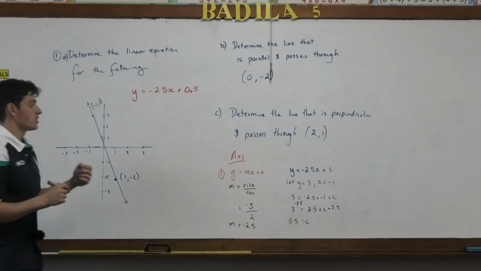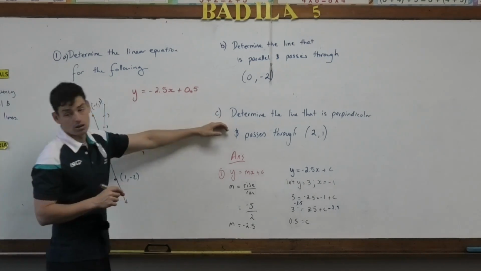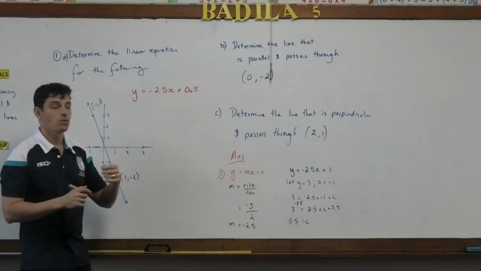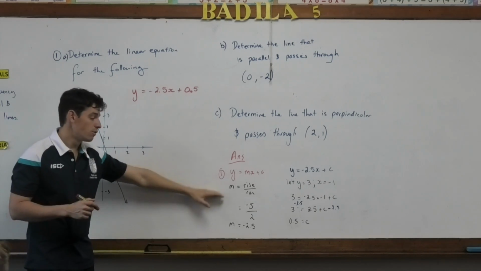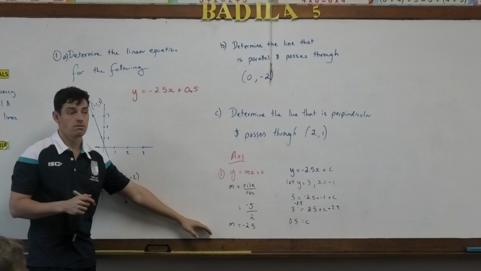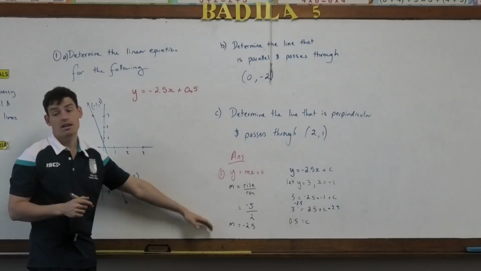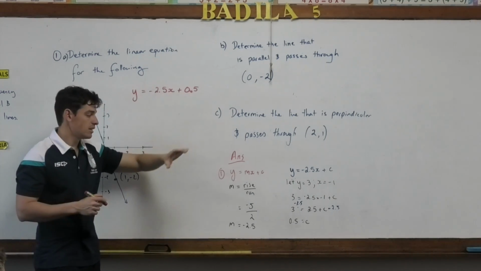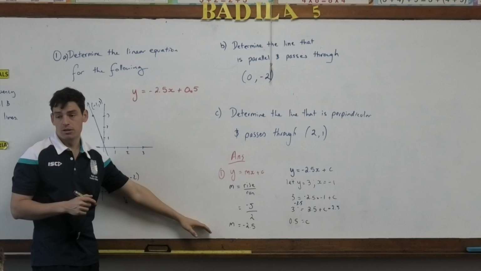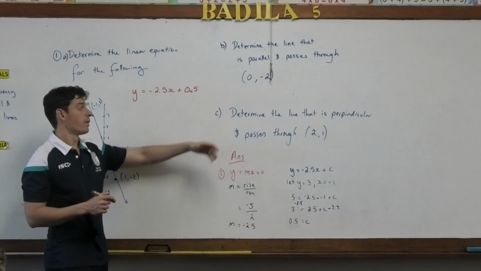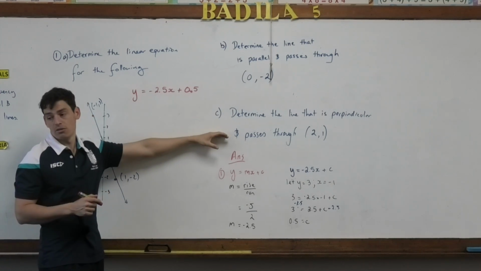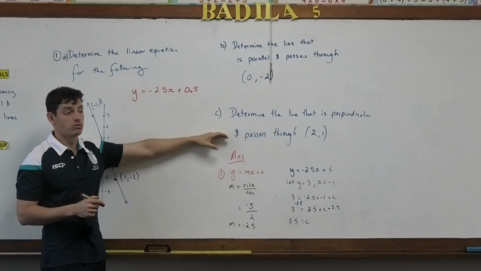So the only thing that changes when we're dealing with parallel and perpendicular lines is that we have to apply a formula to find our gradient rather than applying rise over run. To say that again, rather than applying a rise over run formula, we already know our gradient, or we have to apply the negative 1 over our gradient formula. Cool?